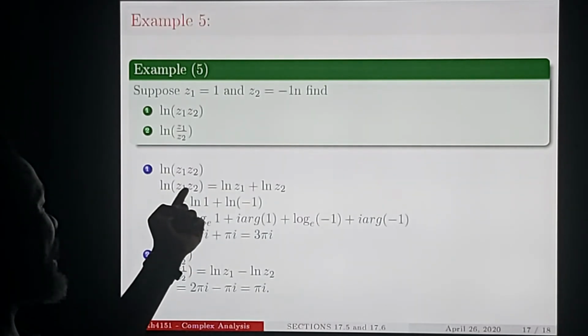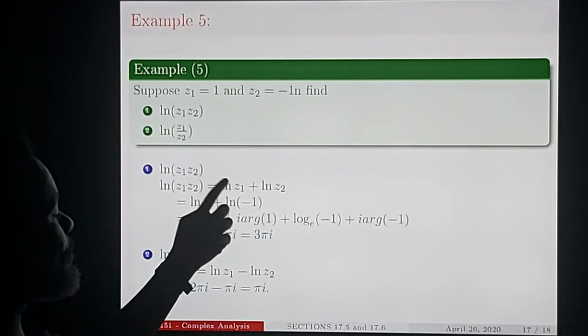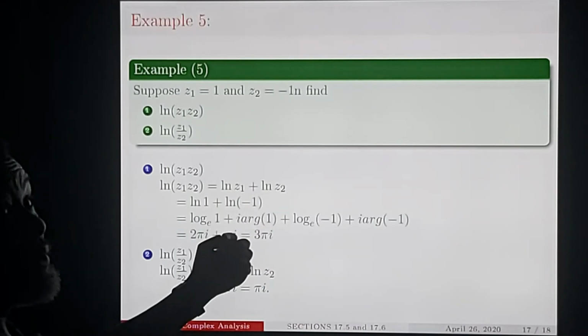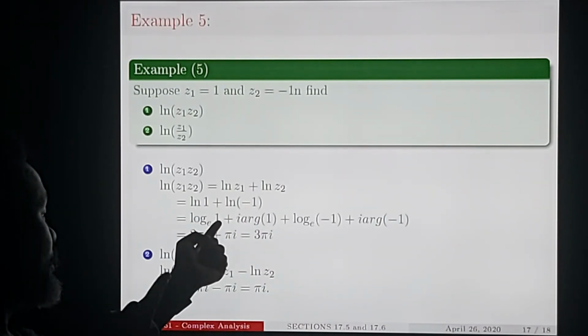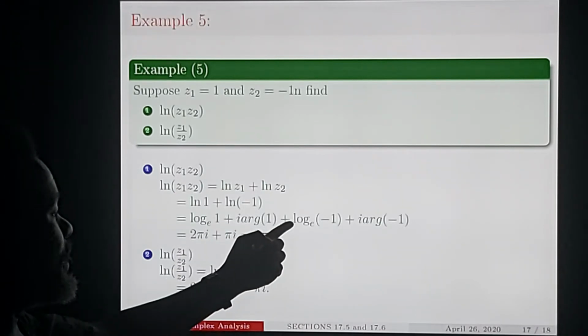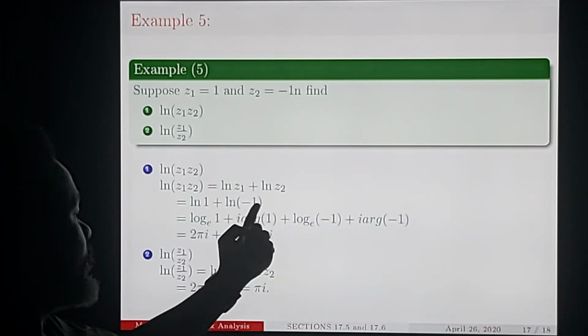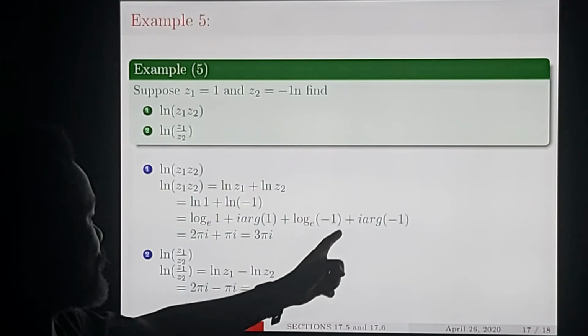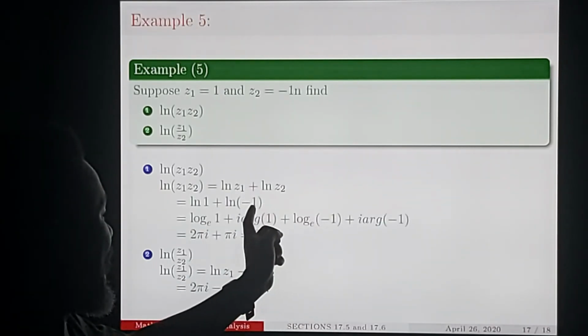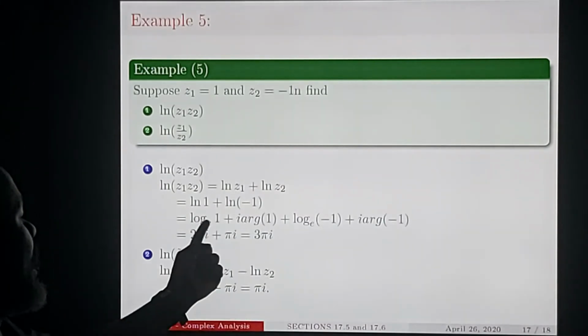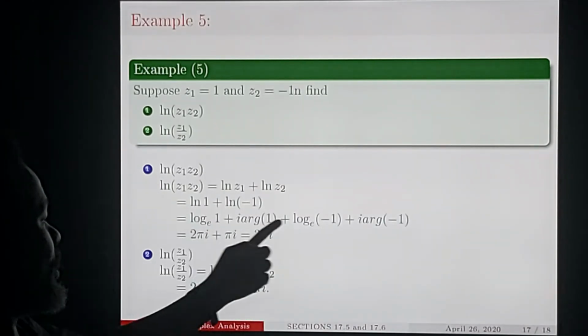Now, ln of z1 times z2 is the same as ln of z1 plus ln of z2. Now, we already know ln of 1 is log base e of the modulus of 1 plus i times the argument of 1, plus log base e of the modulus of minus 1, plus i times the argument of minus 1. Now, log of 1 is just 0, so this is 0 and this is 0.